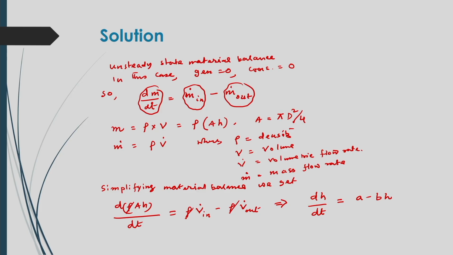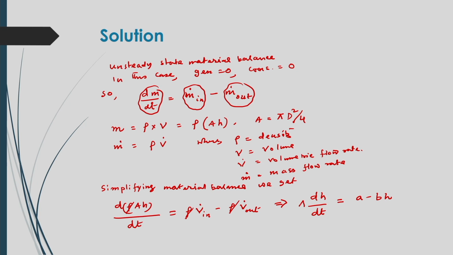And then here you will see that the inlet is given as A and the outlet is given as BH, and in this case you can then write that dH by dt will be equal to this. One important point here, it will be coming AH here.